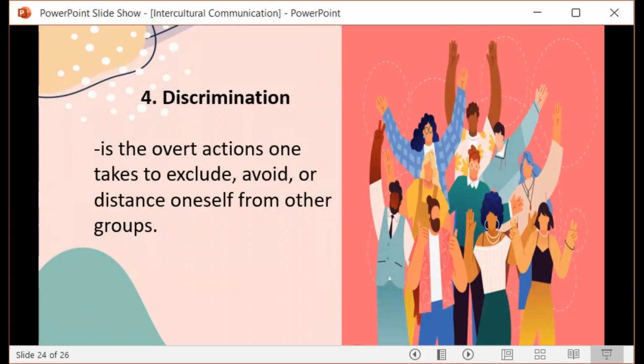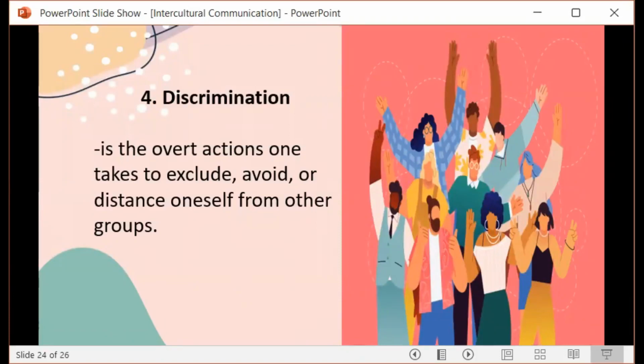So we must get rid of these barriers to intercultural communication, such as ethnocentrism, stereotyping, prejudice, and discrimination. When you discriminate, you are trying to exclude or avoid a certain group of people because you cannot believe in what they believe in. However, it's not a good thing.